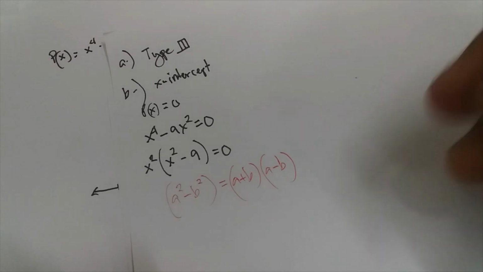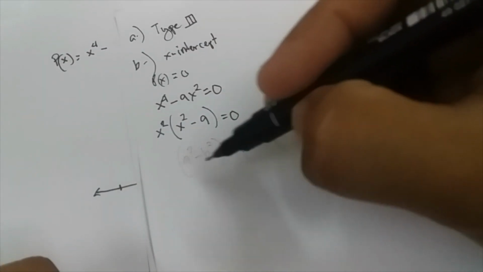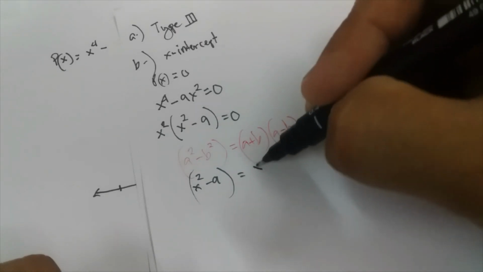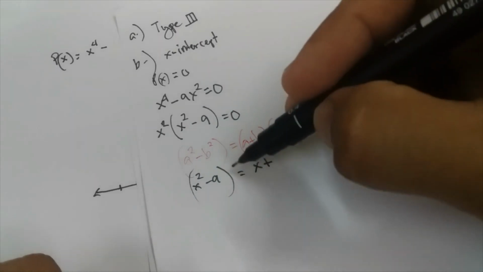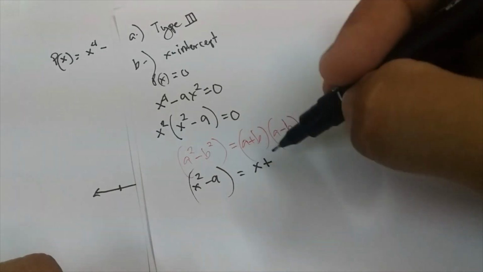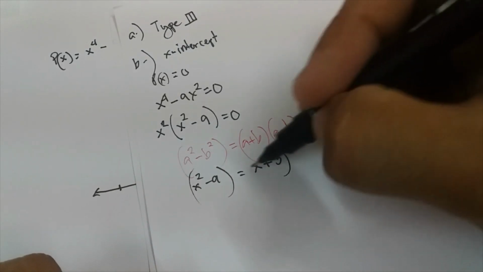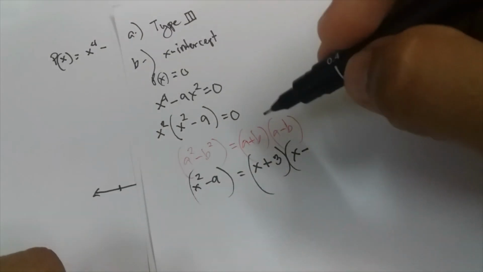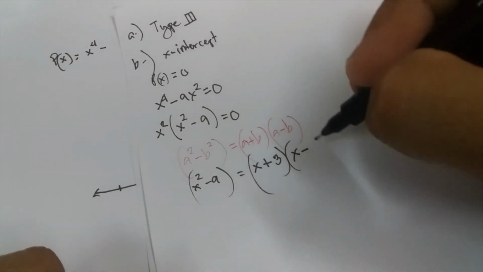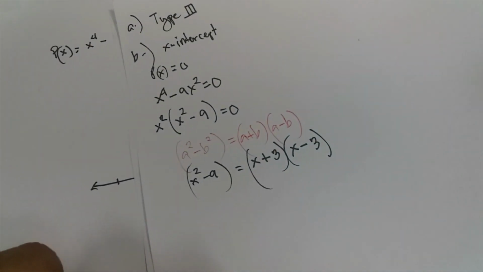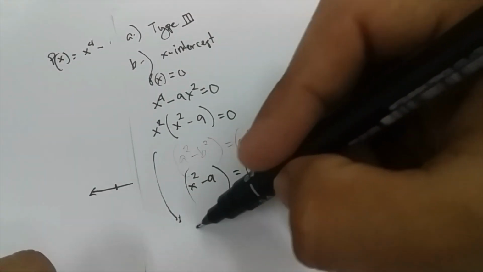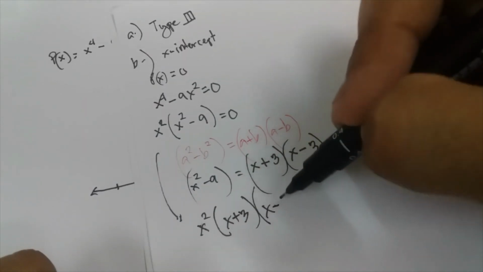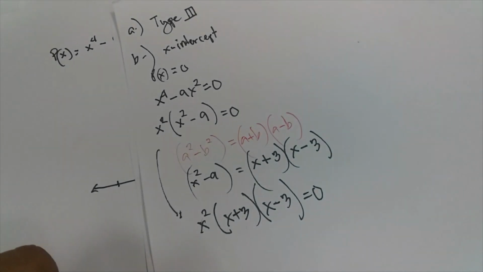So x squared minus 9 can be written as x plus the square root of 9, which is 3, then x minus the square root of 9, which is also 3. So we can write this as x squared times x plus 3 times x minus 3 is equal to 0.